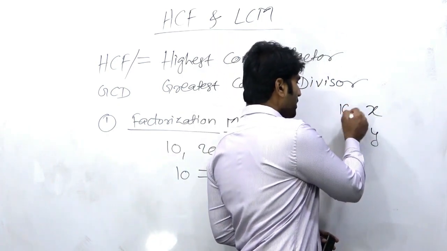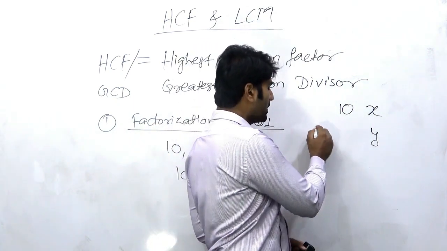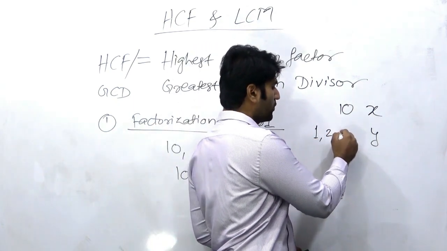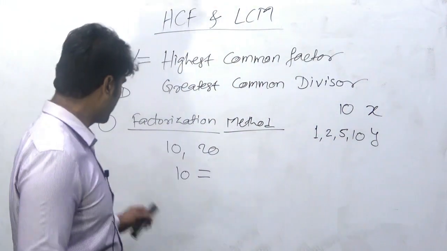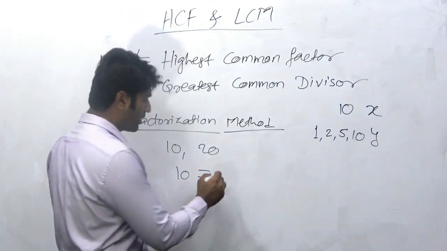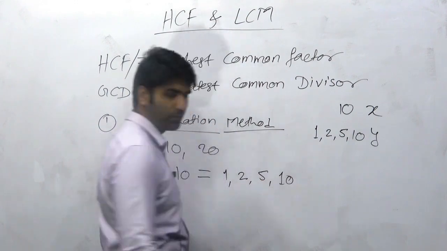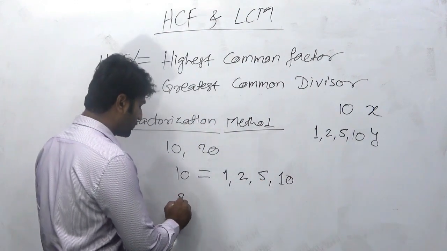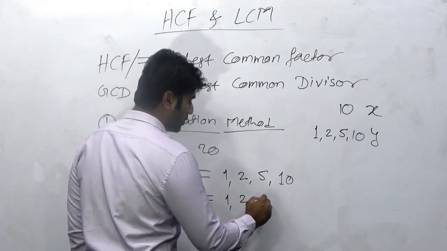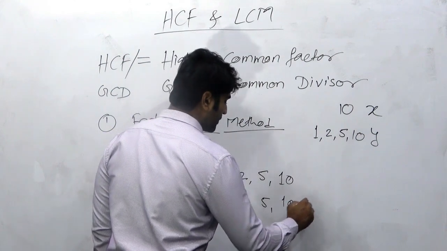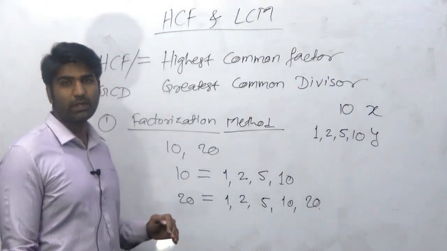Similarly, for 10, which numbers can divide 10? 1, 2, 5 and 10 itself. So the factors of 10 are 1, 2, 5 and 10, and the factors of 20 are 1, 2, 5, 10 and 20.